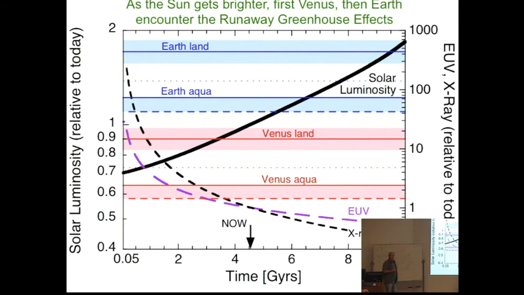But if Earth were to make a transition into a land planet, say by global engineering or something, or by what I was going to show but will not show, the moist greenhouse effect, the Earth could remain habitable up till about 9.5 billion years. So another 5 billion years of habitability Earth could have if it were to transition into a land planet.